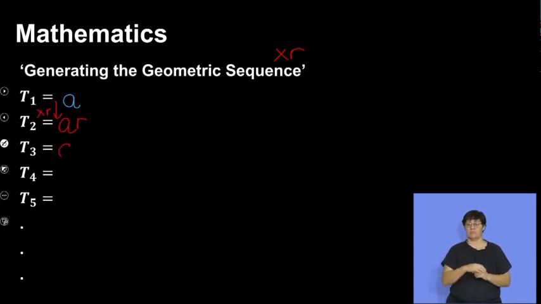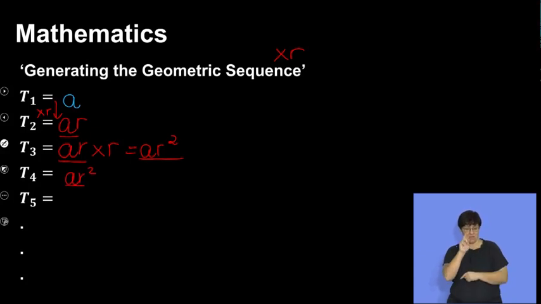Then to get the third term, I'm going to take the value of the second term, but I have to multiply it by R again. So T3 will be equal to AR squared. Term 4 will be the value of term 3, which we saw is AR squared. But again, I have to multiply by the common ratio to get to the next term.